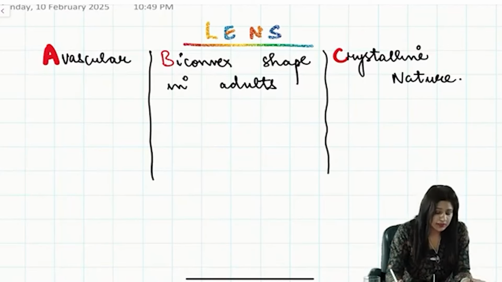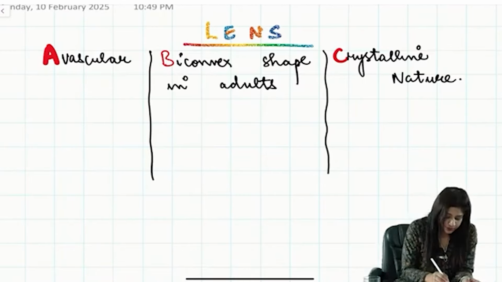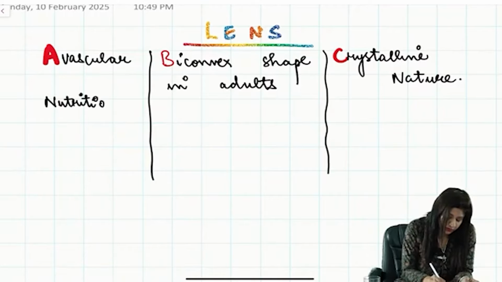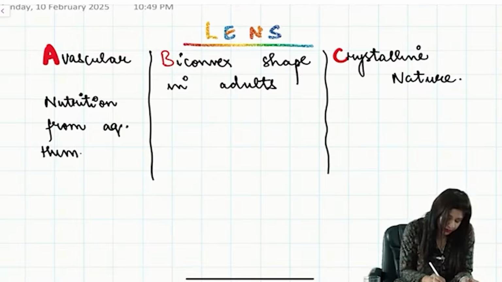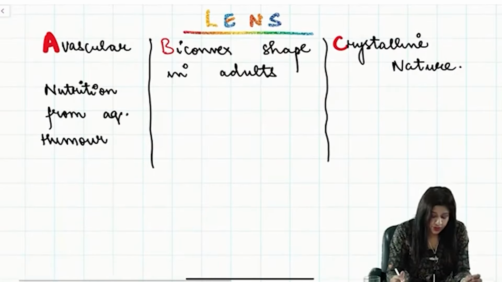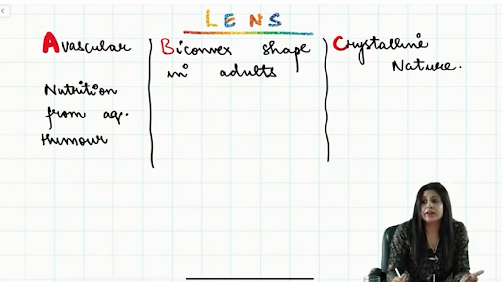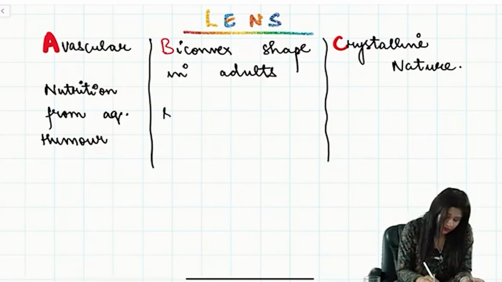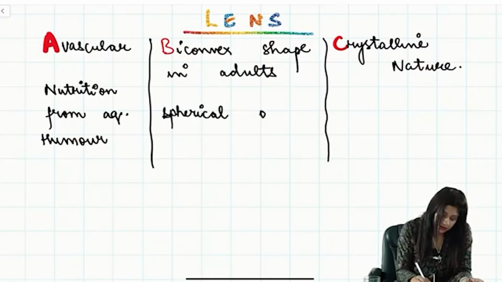Now because it is avascular, it is getting the nutrition from the aqueous humor. The shape is biconvex in adults, but it is spherical at birth.